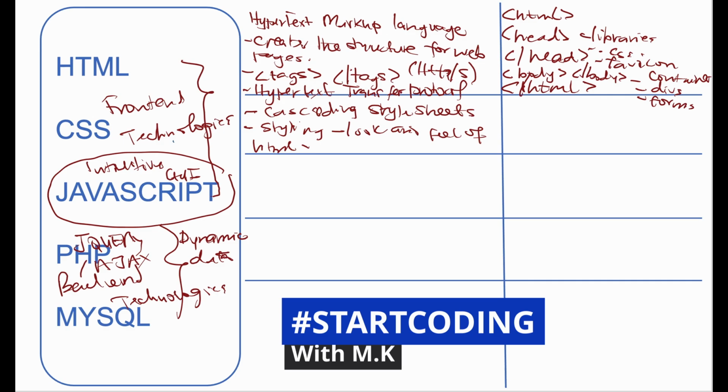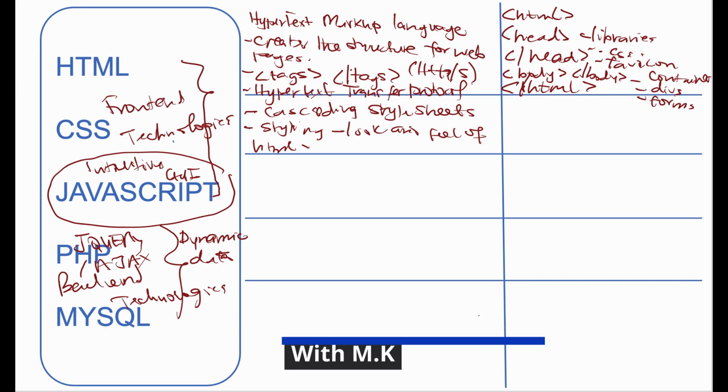And these cascading style sheets, you write them in a separate file and then import them into the HTML header section, or you can just write it inside the header section.